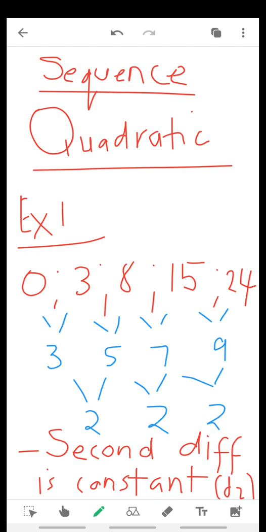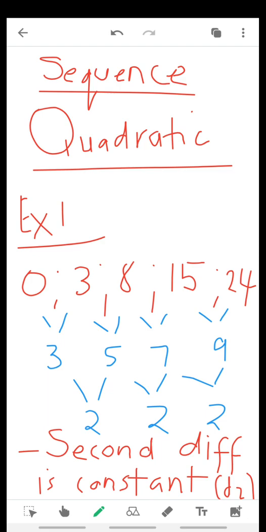We represent that by D2, and that is your second difference. So what's the difference quickly between an arithmetic sequence and a quadratic sequence? With your arithmetic or your linear sequence, you have the first difference being constant. Immediately you say this minus this minus this, then you are getting a constant number.